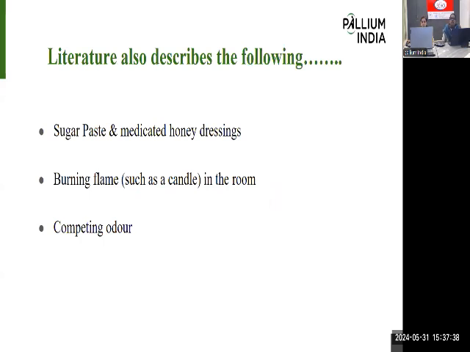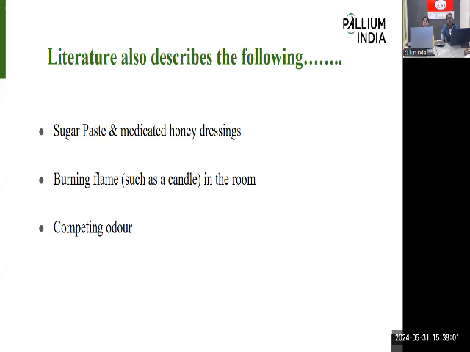So these are the literature findings: sugar paste and medicated honey dressings. This will suppress the bacterial formation, so that we can reduce the bacterial growth, and that leads to us being able to prevent malodor.